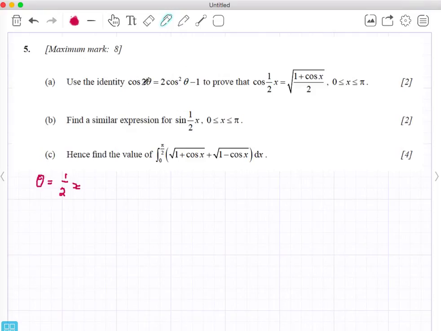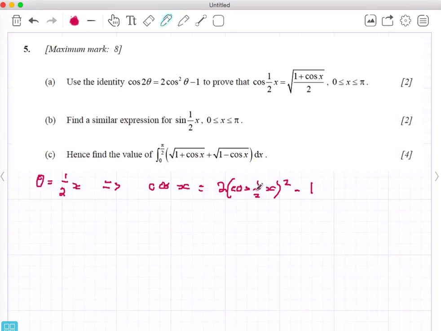So if theta equals 1 over root x, we're going to take this identity and it now becomes cos 2 theta is going to give me x. And we put it into here and we get 2 cos theta, which is a half of x, and I want to square that, which is the same as this one here, and then take away 1.